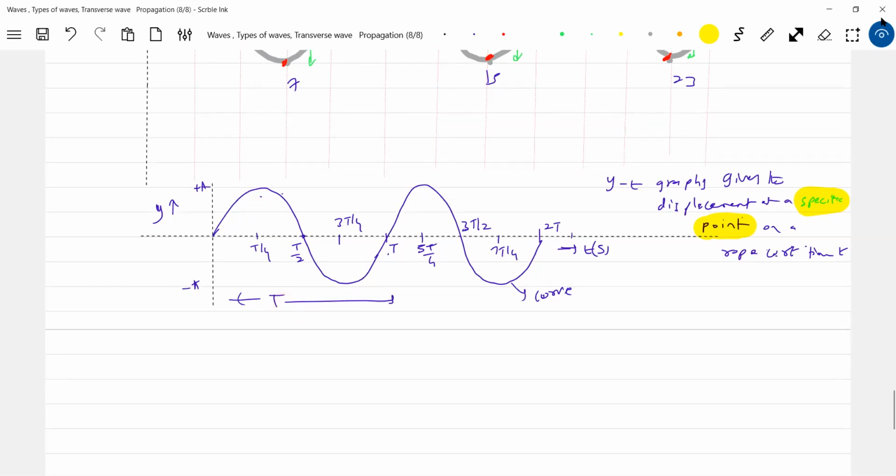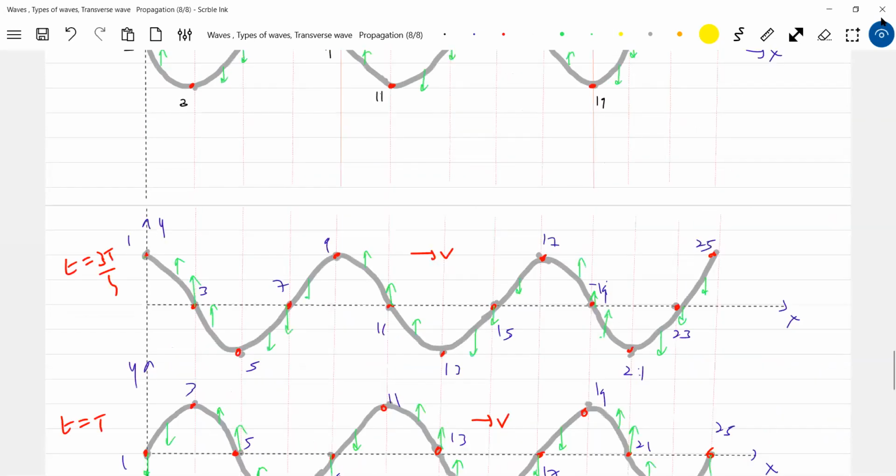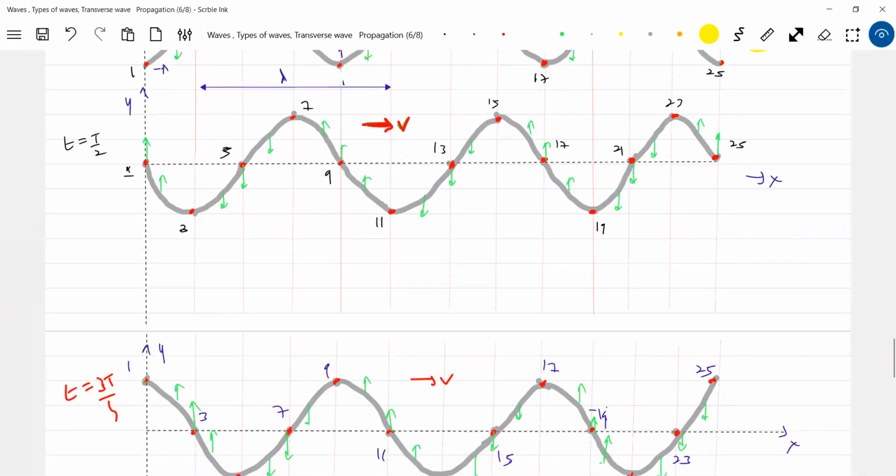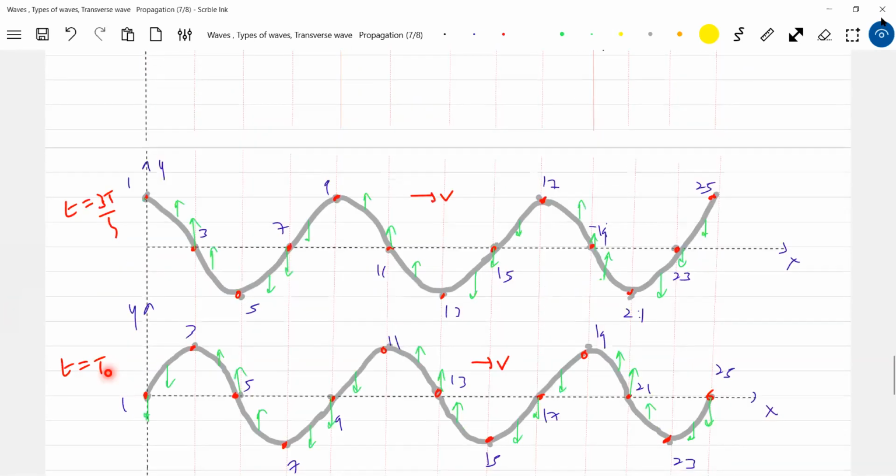Tell me, which will give better information, the y-x graph or the y-t graph? Which graph will give better information? The y-x graph. So from the y-x graph we can even find out the time period also. For that, what you should plot for one wave. Getting the idea?